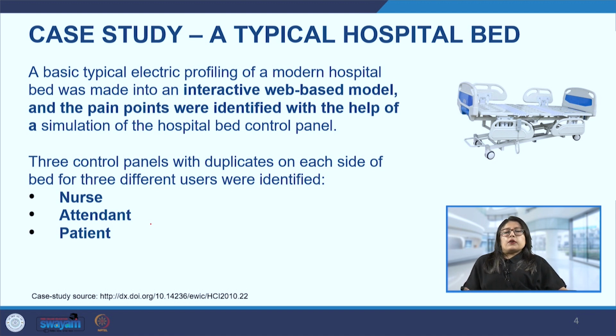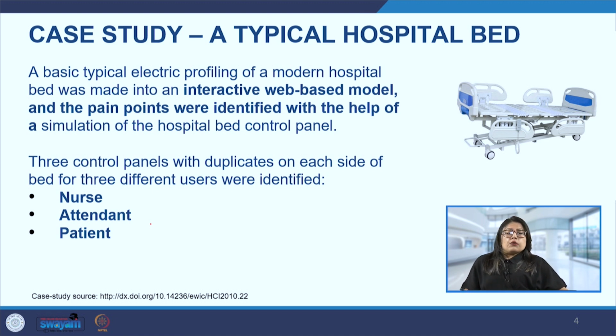Three different types of users were identified for this. One were nurses, who are there to take feedback of the patient, give them medicines, check their vitals, and also make sure that the patient is comfortable. The next is the attendant.